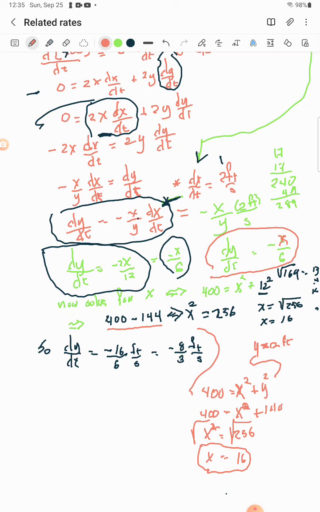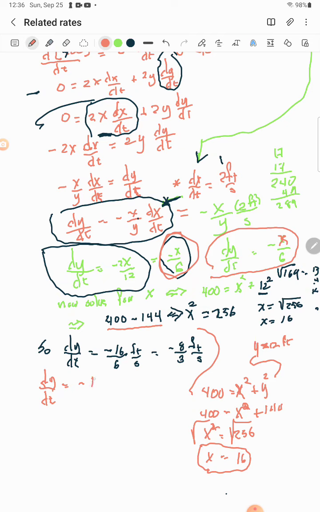So now our final thing to find out was dy/dt, which, remember over here, was minus x over 6, if you recall that. So now we happen to know what x is.